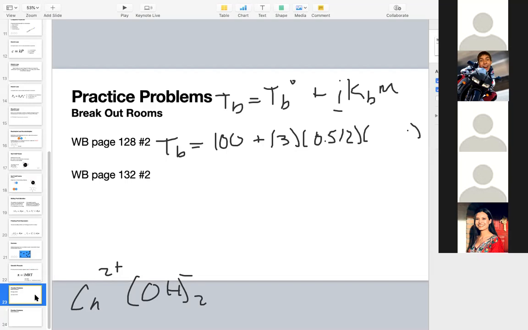Calcium hydroxide is our solute, so we can just convert that to moles. 7.89 grams, and then something grams is equal to 1 mole. Does anybody know the molar mass of calcium hydroxide? Has anybody solved for that? Someone want to give me an answer?